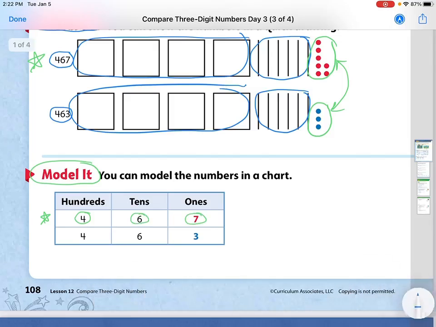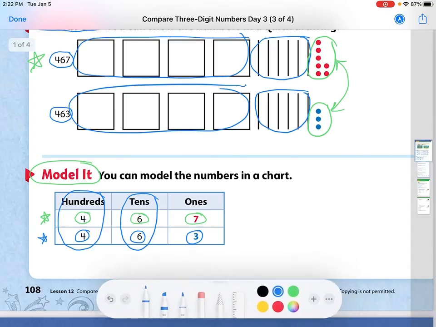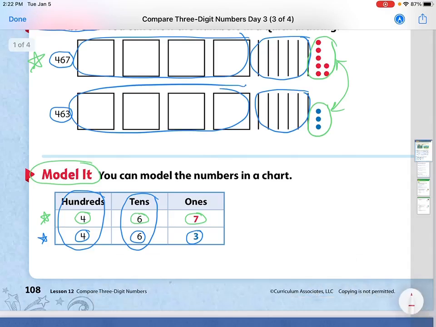And then the number below it is showing us 463 with 4 hundreds, 6 tens, and 3 ones. And again, we know that since they both have the same amount of hundreds and the same amount of tens, that means we'll be comparing the numbers in the ones place to solve the problem.